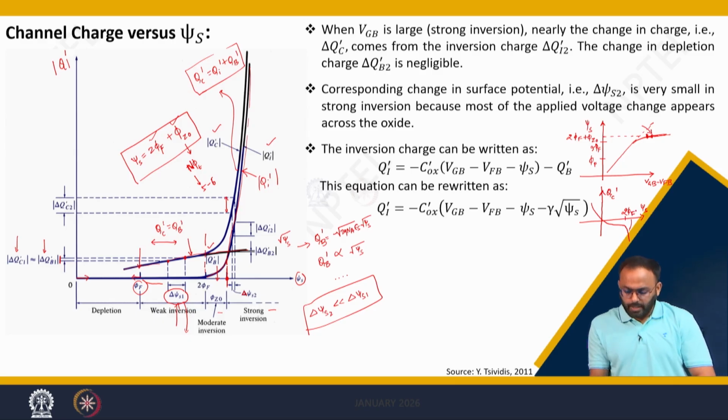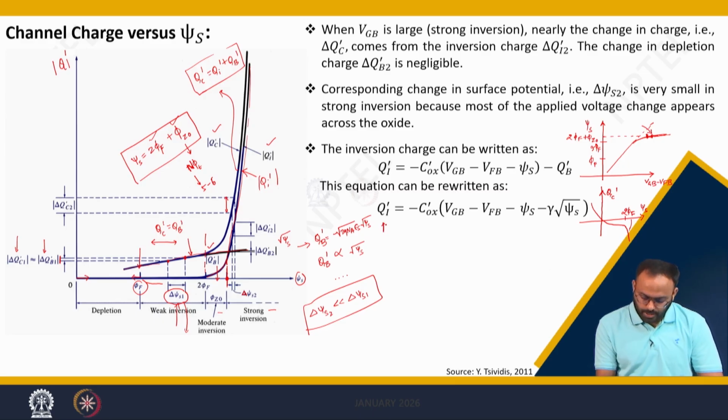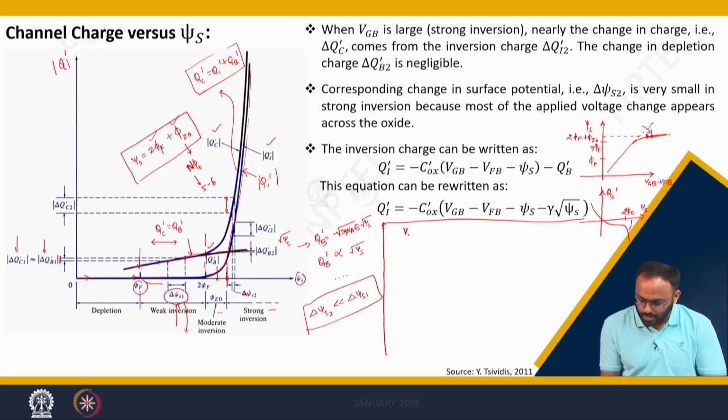Now can we derive an alternative form to relate the gate to body voltage with the channel charge, precisely with the inversion charge, which is QI dash? Again we can use our basic understanding of the potential balance equation and charge balance equation to derive an alternative form. So let's start with the potential balance equation, which says that VGB equals phi ms plus psi s plus psi ox.